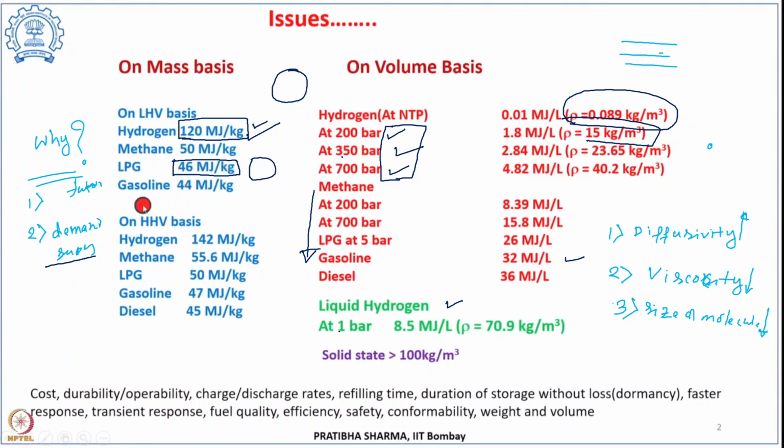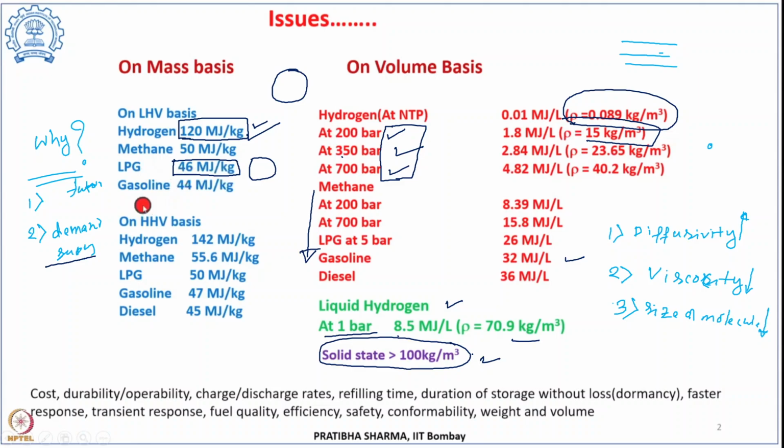At 1 bar the calorific value is like 8.5 megajoule per liter. And we can store the hydrogen as a solid also, with a density like 100 kg per meter cube. So far whatever we discussed, hydrogen can be stored in a gaseous state, in a liquid phase, and also in a solid phase.